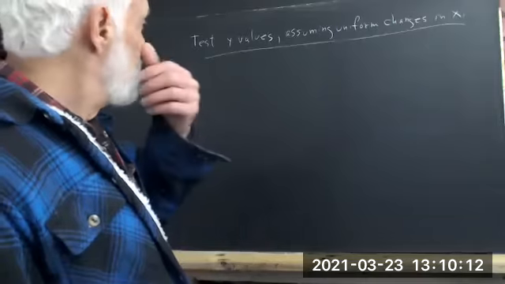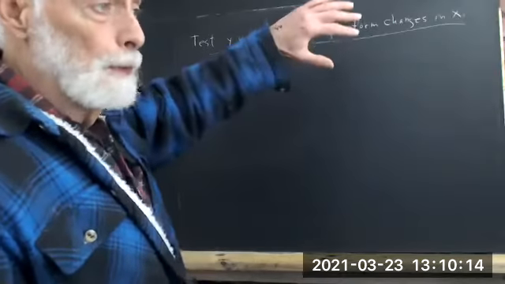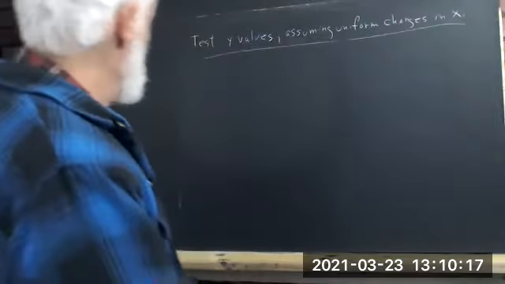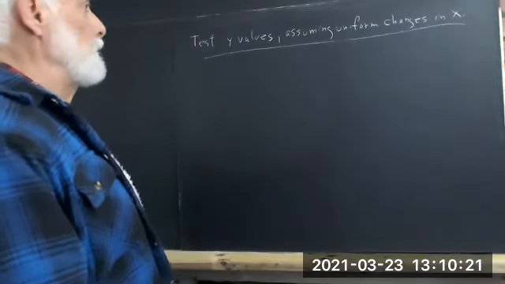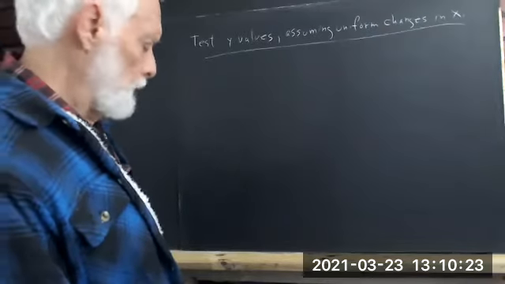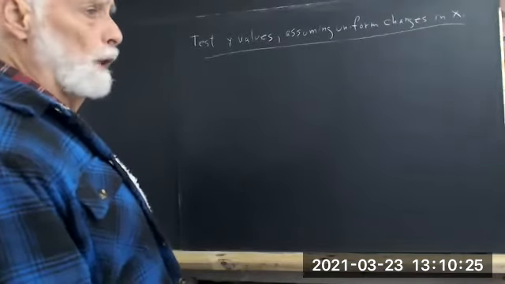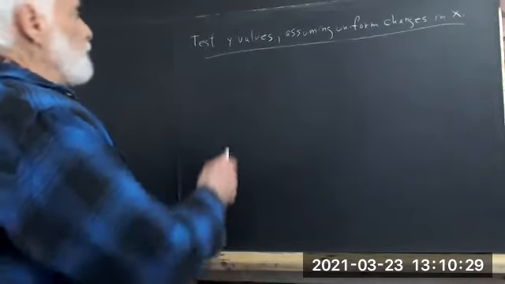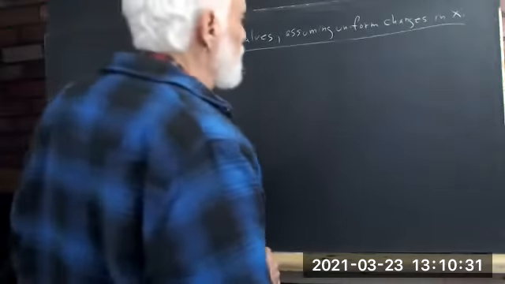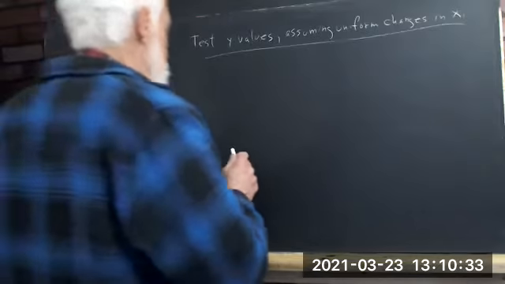Okay. Now you could test it from a graph, and we'll probably look at that. But I'm going to actually look at your homework and make sure we're testing it correctly, or testing it in a way that you're actually going to need. We'll address other possibilities later. Okay, so anyhow, we test the y values, assuming uniform changes in x.